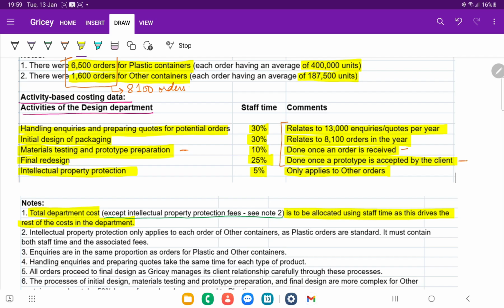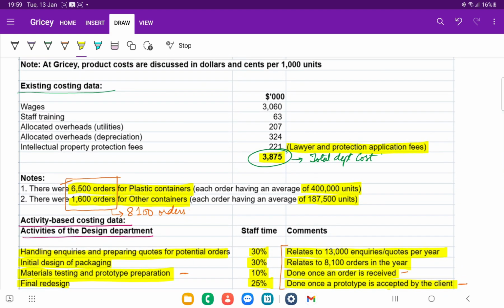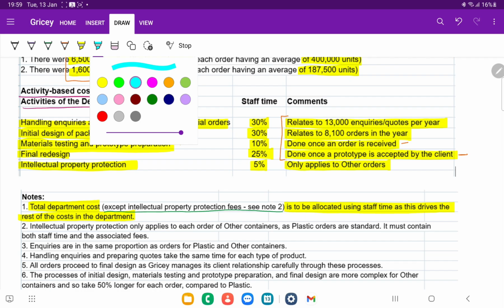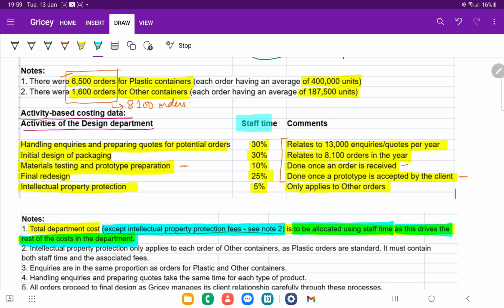So they are saying total department cost except intellectual property protection fee. Let me try to highlight in a different manner: except intellectual property protection fee, it is to be allocated using staff time, as this drives the rest of the cost in the department, right? And where is the staff time? Staff time is this 30%, right?